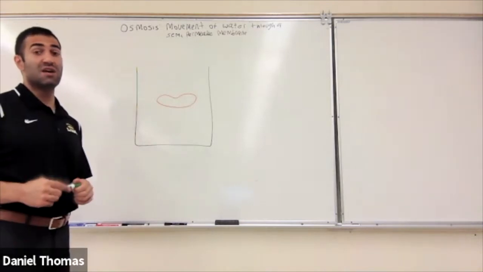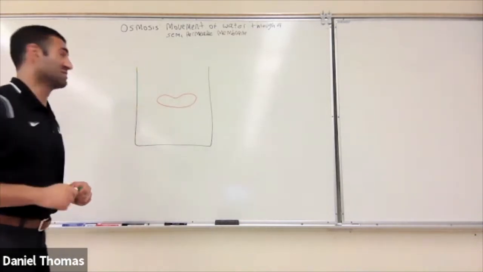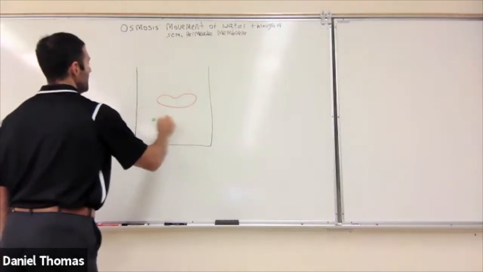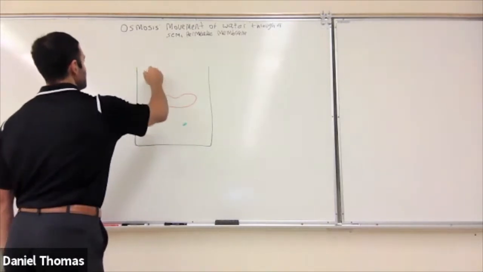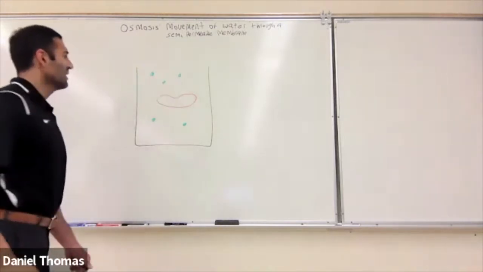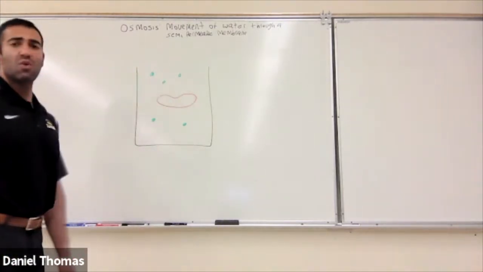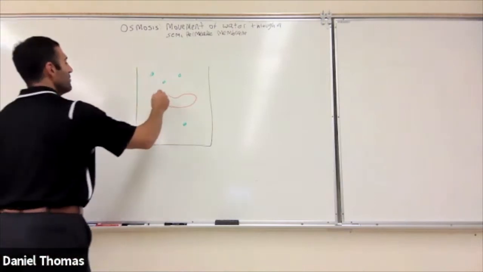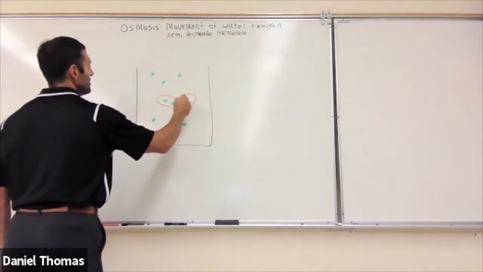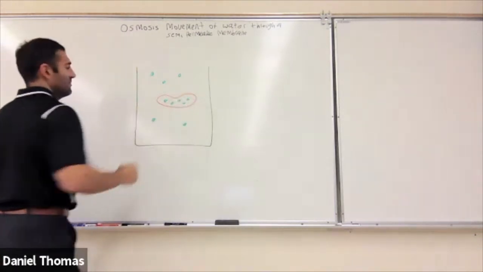Now this is not realistic, I'm just showing you a concept. So what we are going to do is put in a solution, 0.9% saline. Now, what we found is that about 0.9% saline has the same osmolarity as the cell.